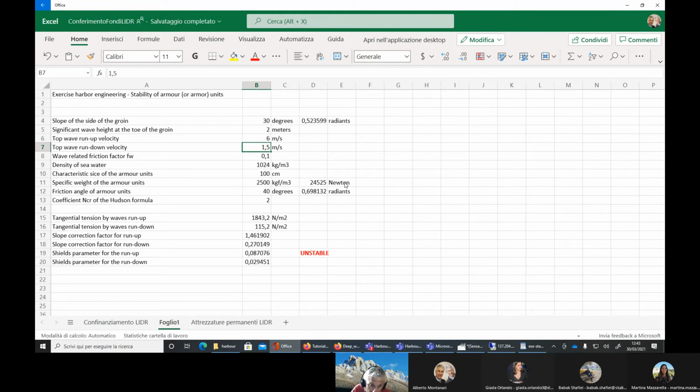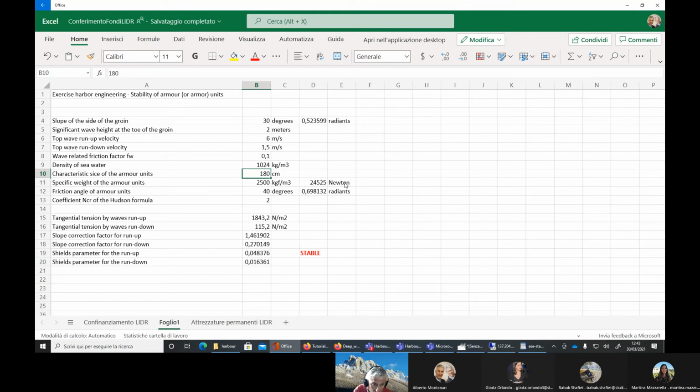In this case, I brought it to 6 meters per second. And look, it's unstable, and I need to increase the size of the units in order to stabilize it: 130, maybe, not yet, 140, still unstable, 150, still unstable, 160, unstable, 170, still unstable, 180.